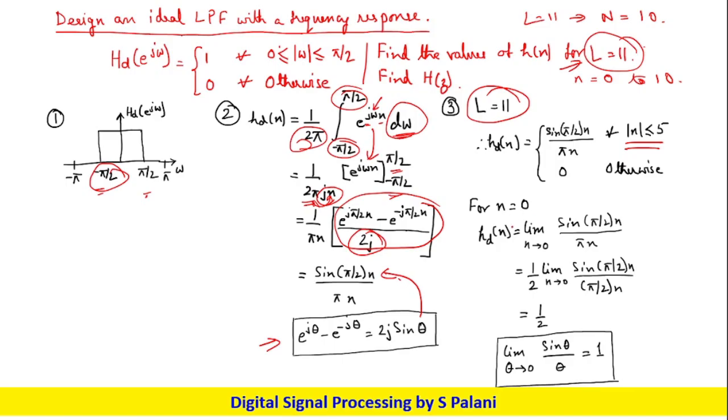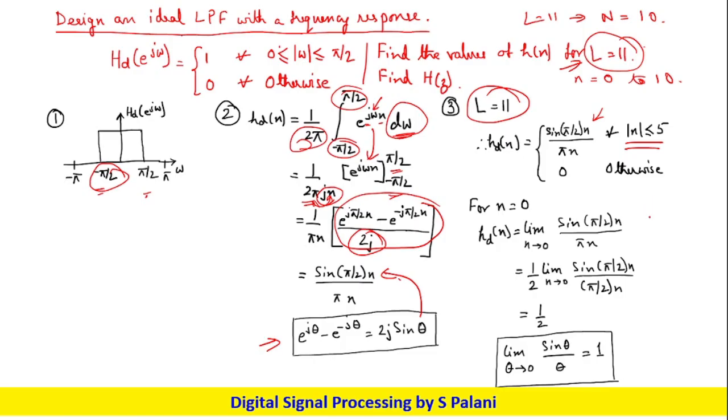So what is happening over here now? If you put small n equals 0, then this factor becomes 0 by 0, which is indeterminate. So over there we have to apply L'Hospital's rule. Limit of n tending to 0 of sine of pi by 2n divided by pi n. There is a standard result: limit theta tending to 0 of sin theta by theta is equal to 1.